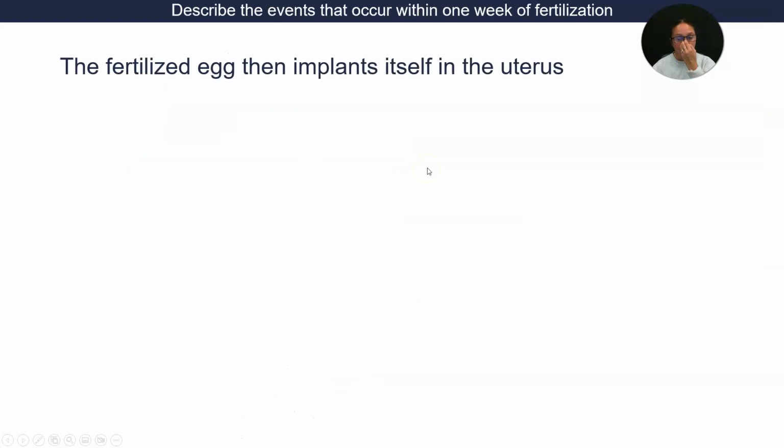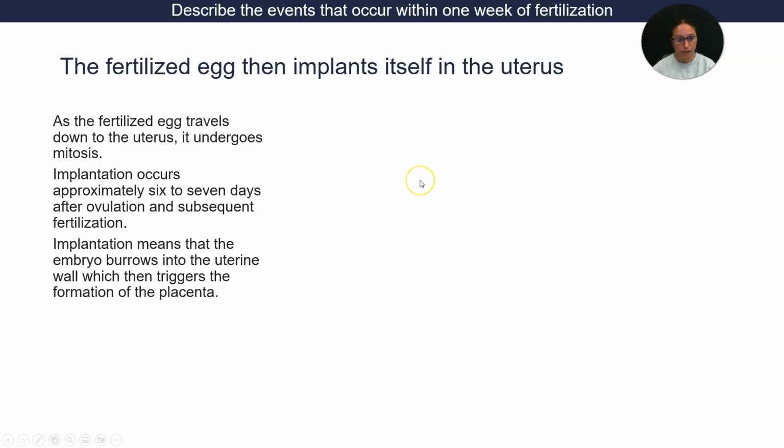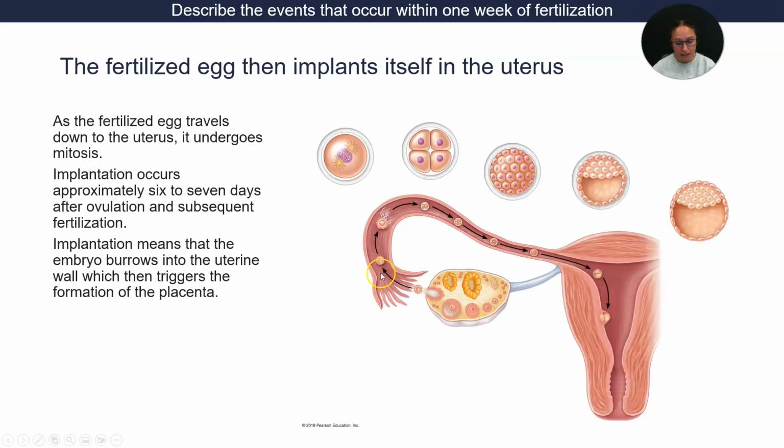Okay, let's see what happens after fertilization occurs. Look at it. Here we go. This is the sperm meeting the egg. It happens there. And look, this bit of the uterine tube is not connected to the ovary, just so you know. Anyway, it kind of catches it like a catcher's mitt.